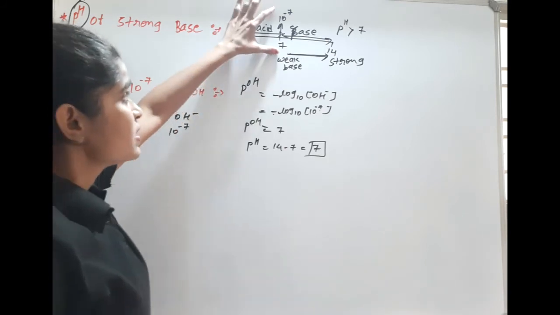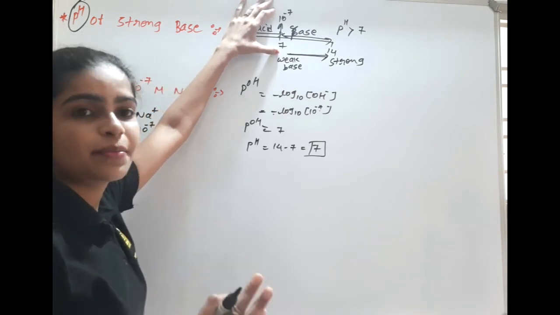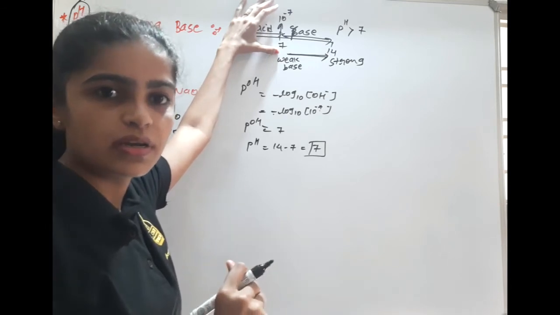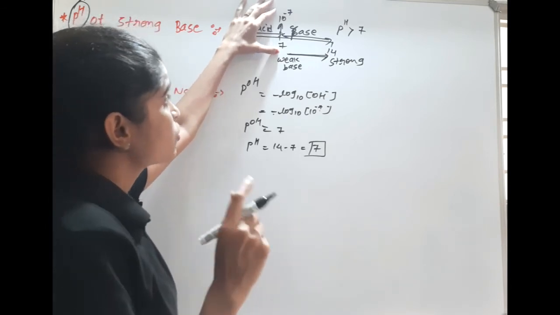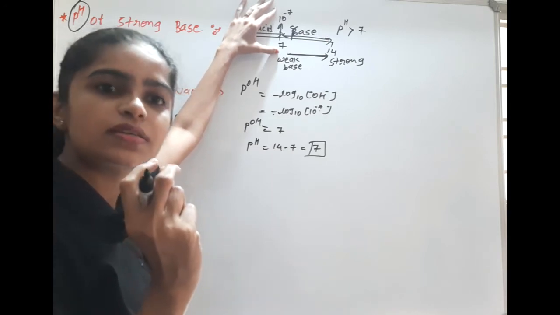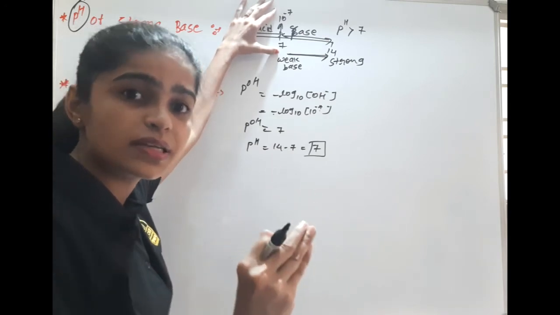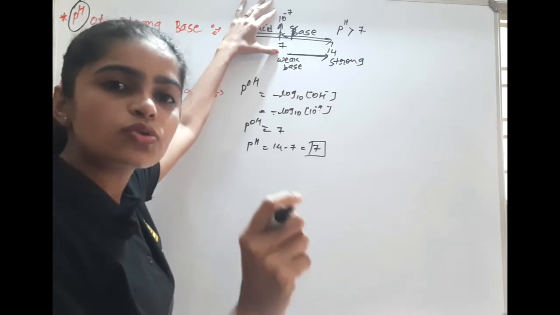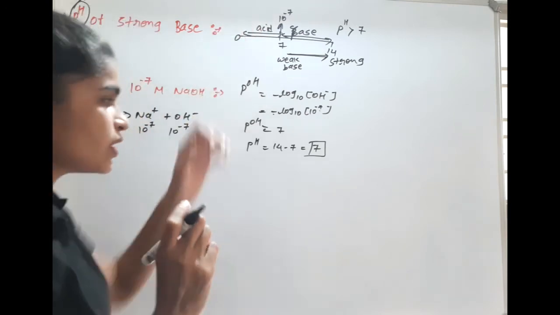And in this case, 10 raised to minus 7 is the same as the H2O concentration. But we don't know the exact value of the H2O, whether it is less than 10 raised to minus 7 or greater than 10 raised to minus 7. So this concentration we consider as the X value.